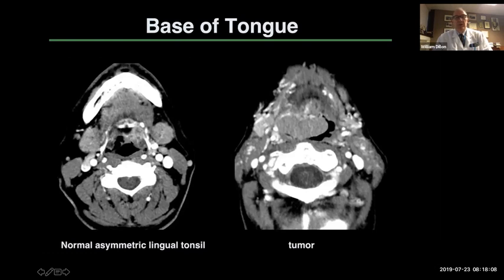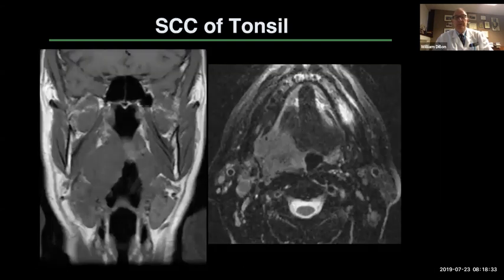We would call this an upper oropharyngeal or lower oropharyngeal or upper hypopharyngeal mass. And this can sometimes be confused with asymmetric normal lingual tonsils, which we see here, compared to this tumor on the right, base of tongue, part of the oropharynx.